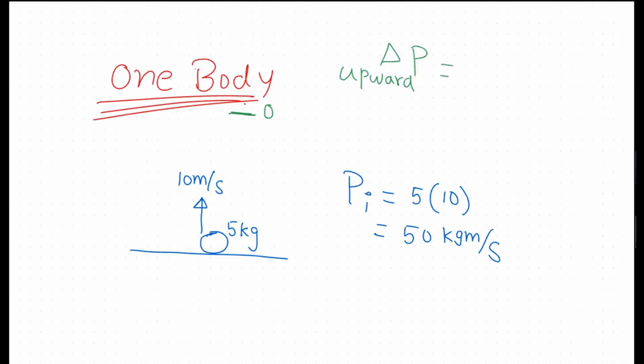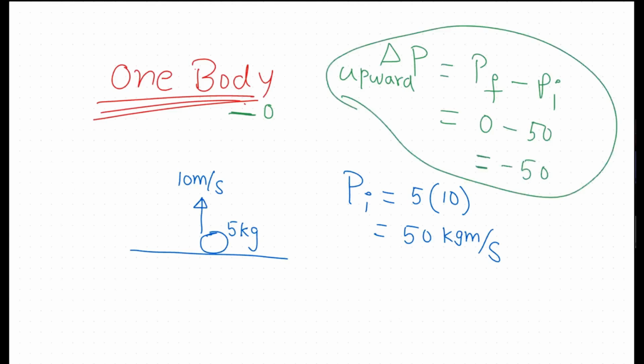P final minus P initial. What is final momentum? 0, because velocity becomes 0, mass will be the same. What is initial momentum? 50. So it will be minus 50. If you want to mention direction, change in momentum is minus 50 j cap, correct or not? J cap will be extra there. That's clear or not? Understood?